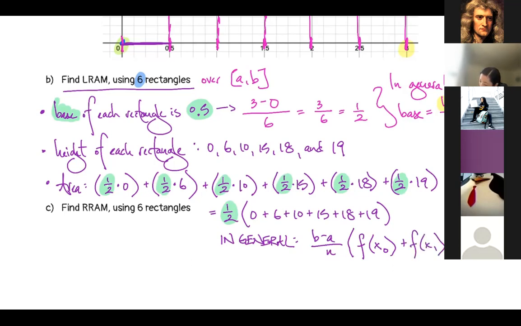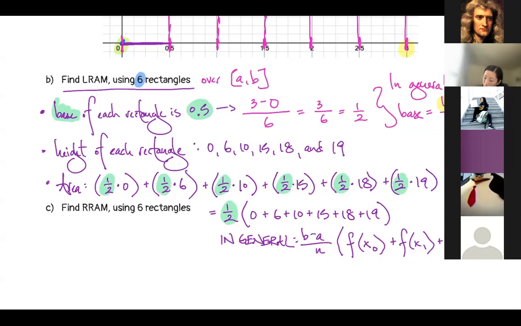And we're going to keep going until we get to f of x sub n minus 1.